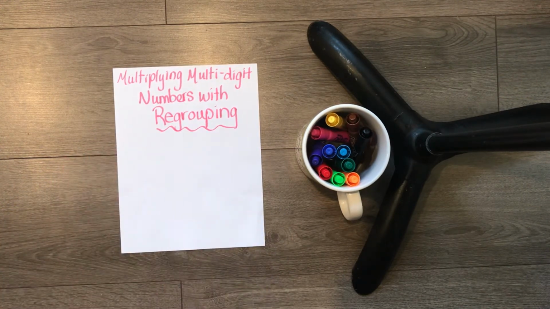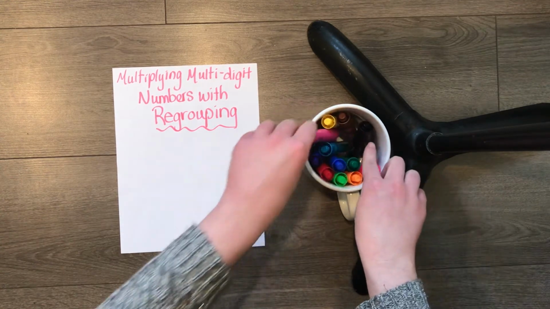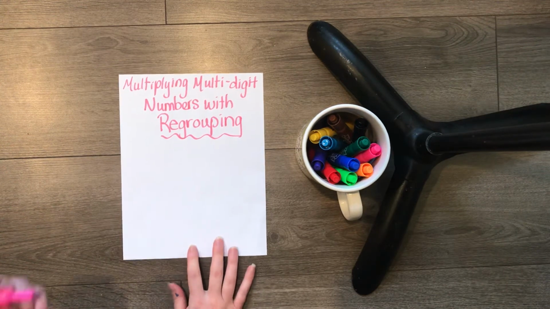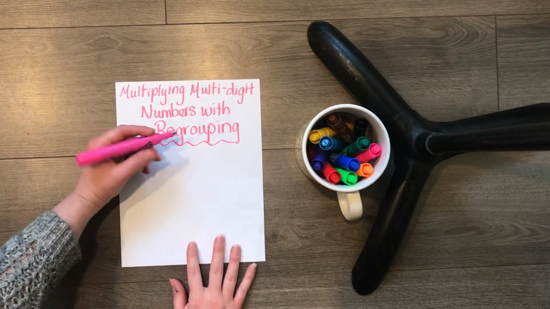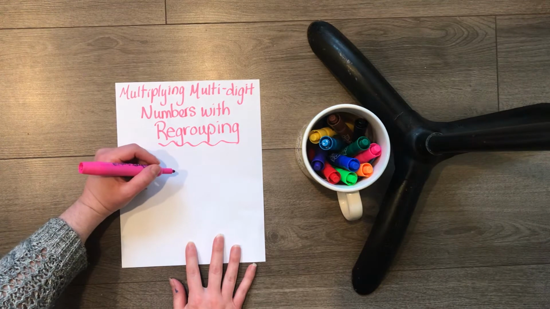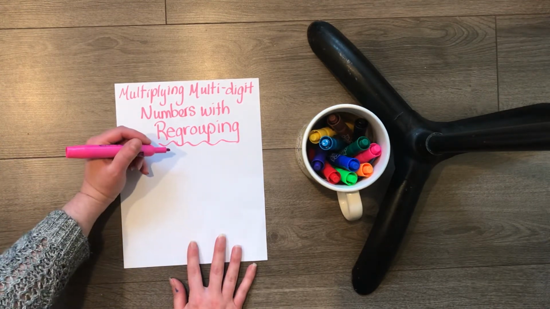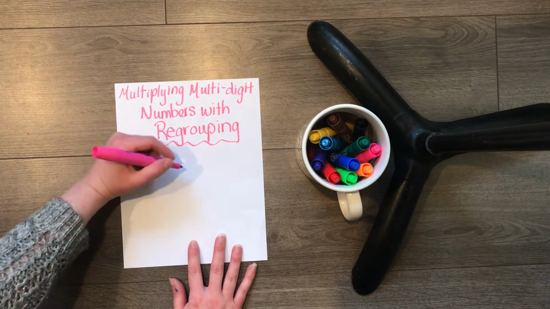Don't be scared. You've already been multiplying multi-digit numbers, which is so fantastic. Today, we're just going to learn how to multiply bigger numbers. We've started out with simpler numbers in the past. Today, we're going to do numbers that are a tiny bit larger.